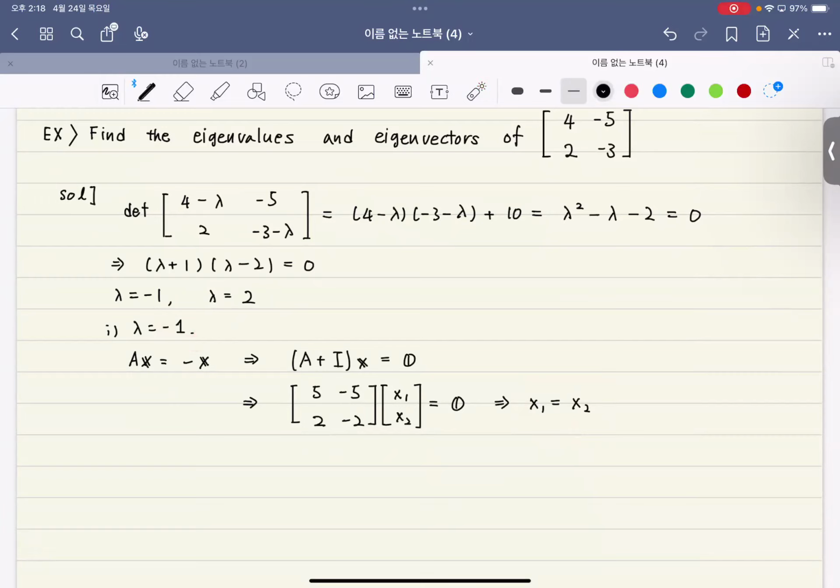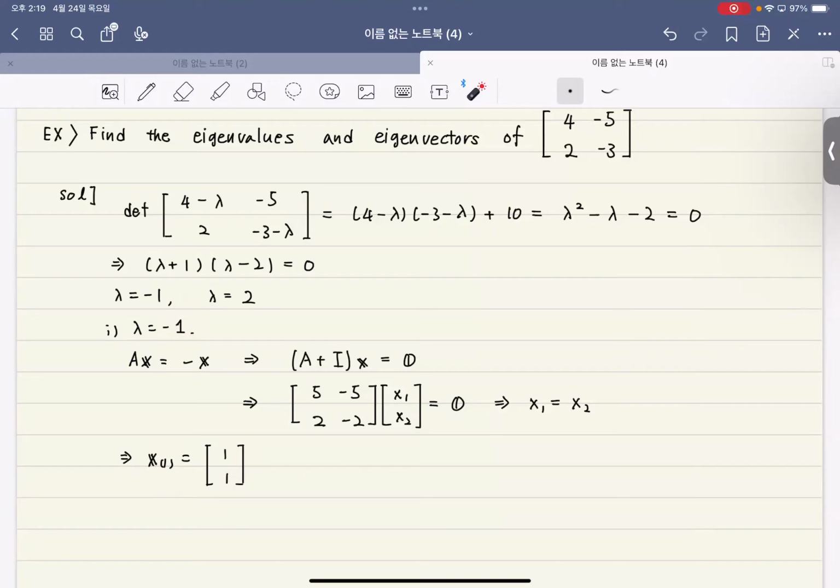Our convention is we can just choose anything, the easiest one. In this case, I have chosen 1 and 1, because I believe this is the easiest pair of numbers satisfying this relation. So now I declare this is an eigenvector of the eigenvalue minus 1.